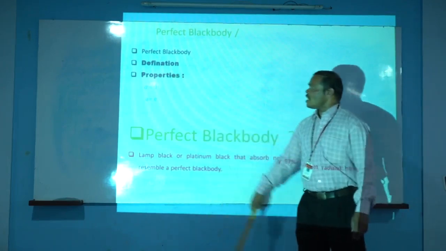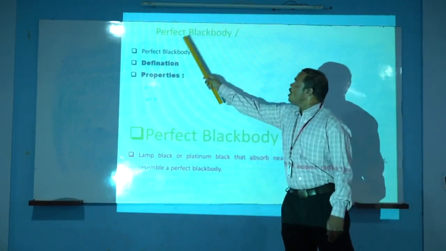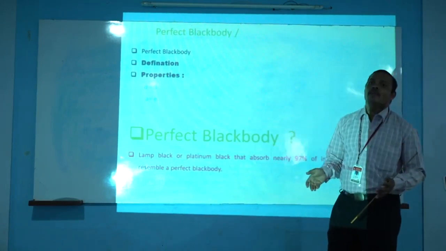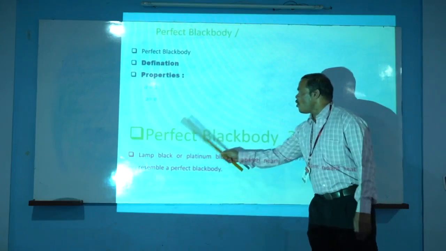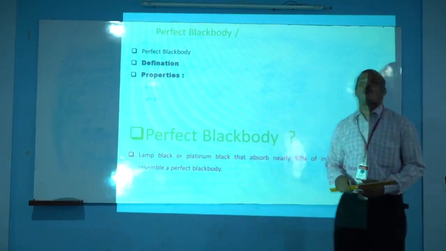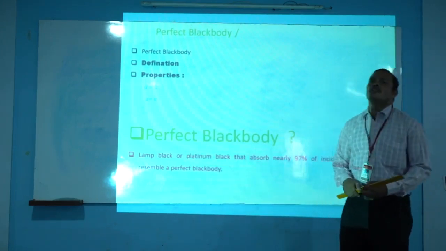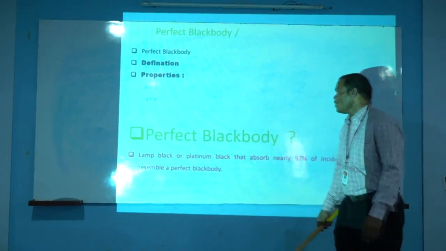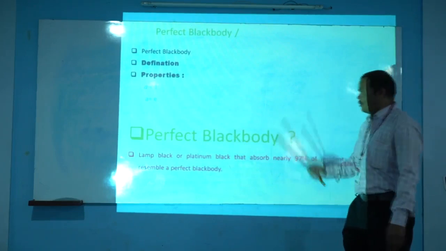So these are the properties of the perfectly black body. Now the question arises whether a perfectly black body exists in practice or not. The answer is no. It is impossible to obtain a perfectly black body.